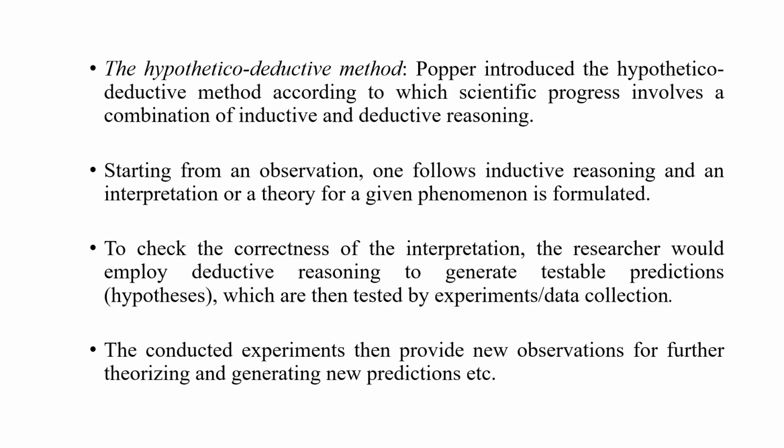This can be verified by experiments or data collection. You just have to take measurements, maybe at different places, maybe at the same place, and this data will tell you whether your interpretation is correct or not. The conducted experiments then provide new observations for further theorizing and generating newer predictions and so on.